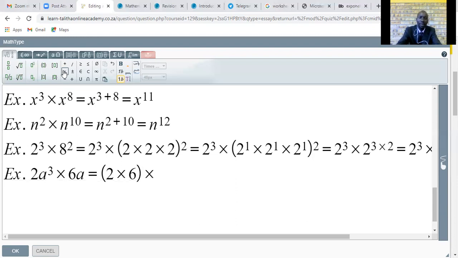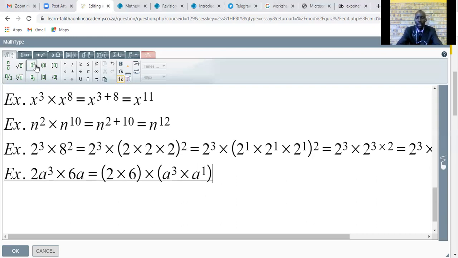So let's have a separate bracket so that it's easy to deal with it. And so this time we are having A with exponent 3, and it is used to multiply A with another exponent. Well, what's the exponent this time? The exponent is 1. It's always very important to indicate it there, exponent of 1.